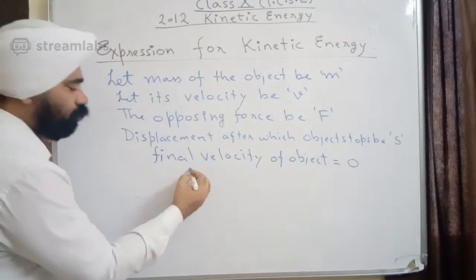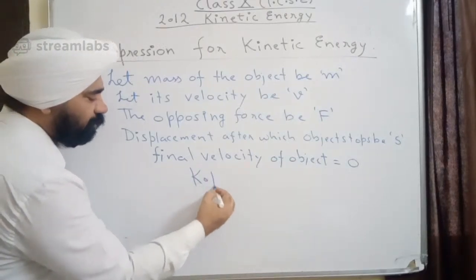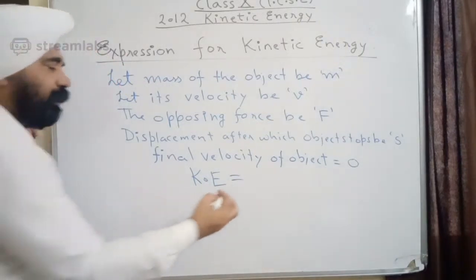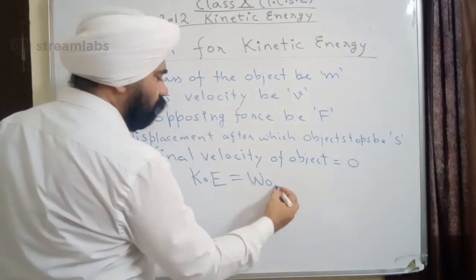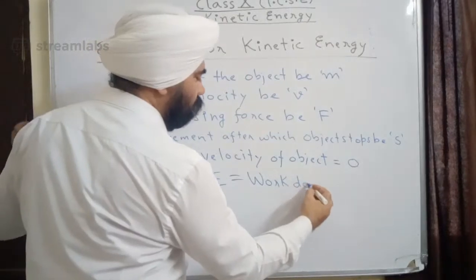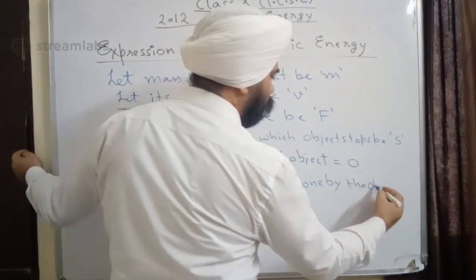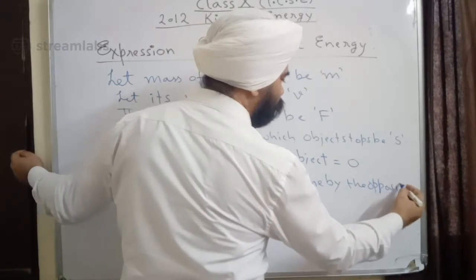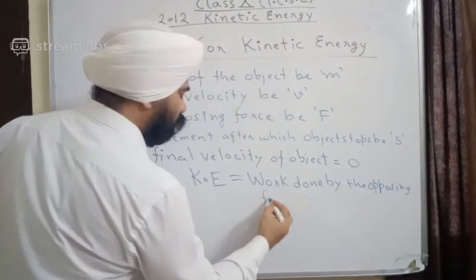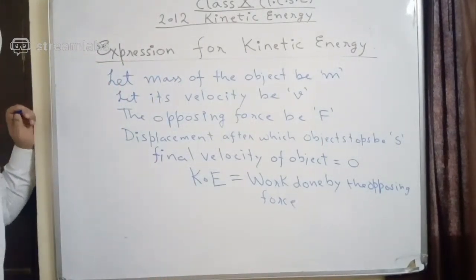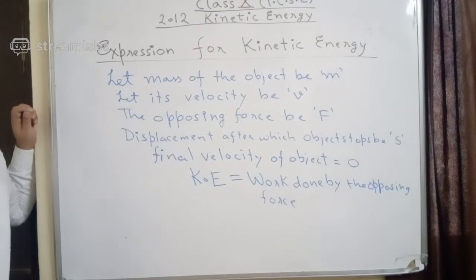Whatever we have understood, whatever work the opposing force does, the kinetic energy which was possessed by the ball should be equal to that work done by the opposing force.